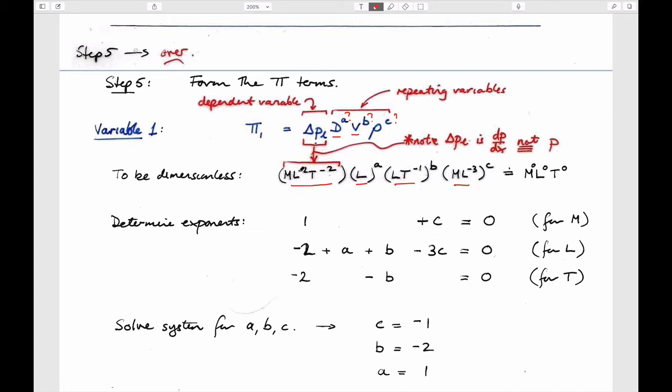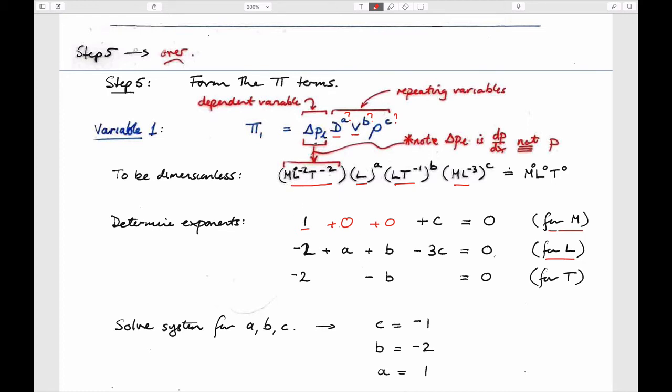So the recipe is we take, first of all, mass. This has mass to the power 1. This has mass to the power 0. This has mass to the power 0. And this has mass to the power C, not 1, 1 times C. And it has to equal 0. So that's the first equation. We do it for length.